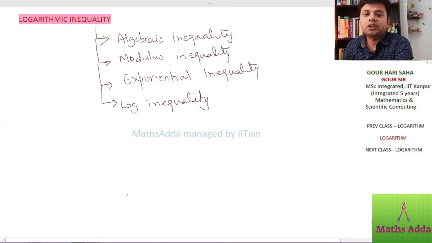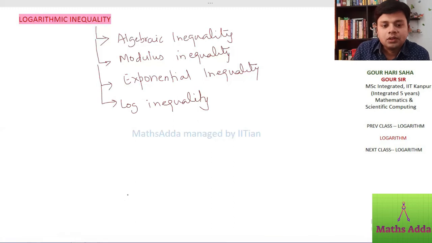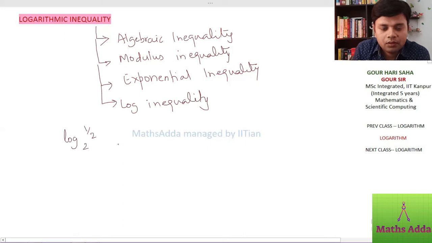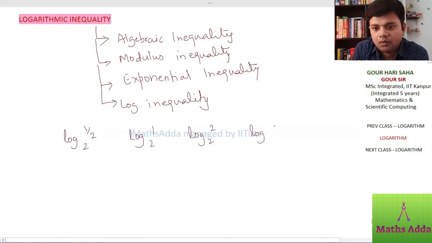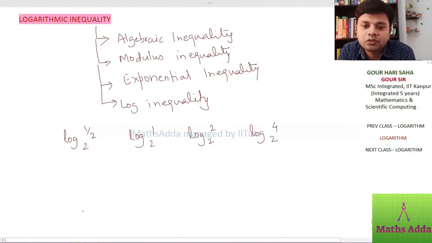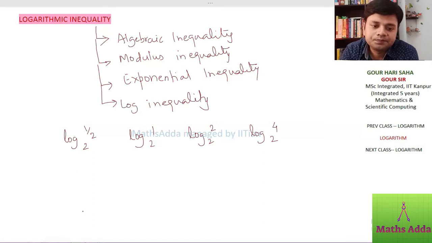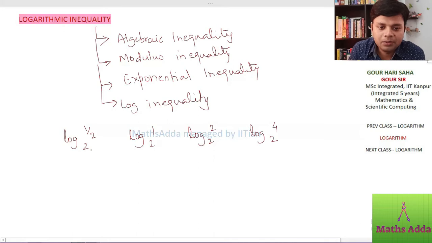So before we move to the theory of logarithmic inequality, we first see: log of half base 2, log of 1 base 2, log of 2 base 2, log of 4 base 2. Can you arrange them in ascending order? Log of half base 2 is minus 1, this is 0, this is 1, this is 2.